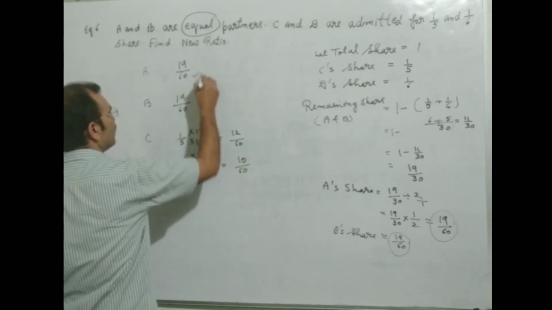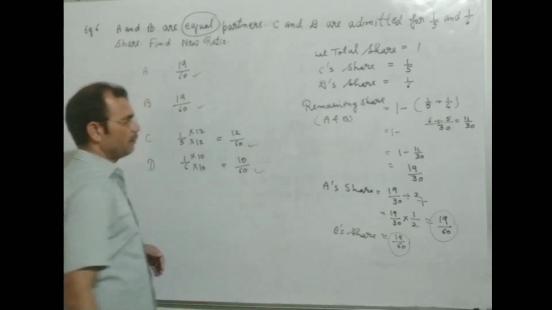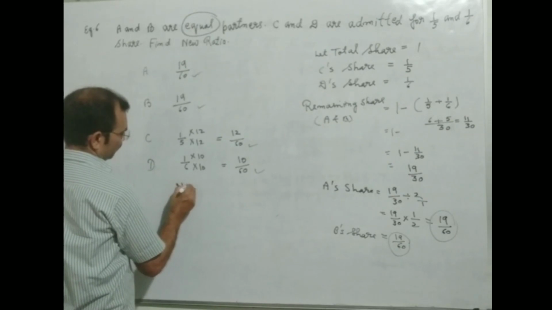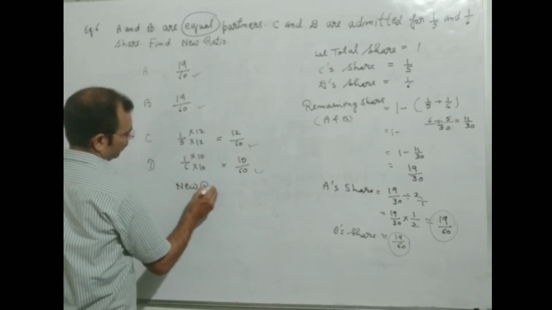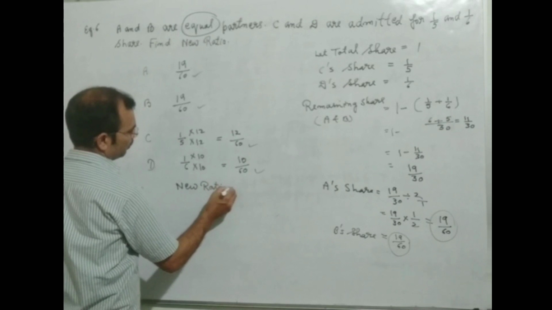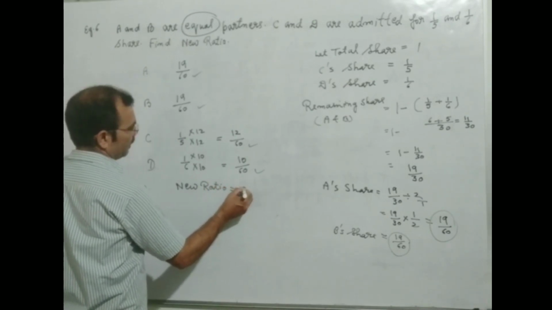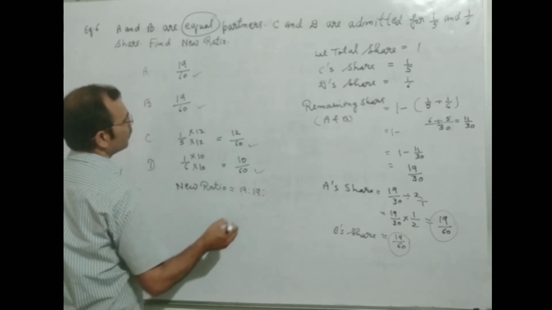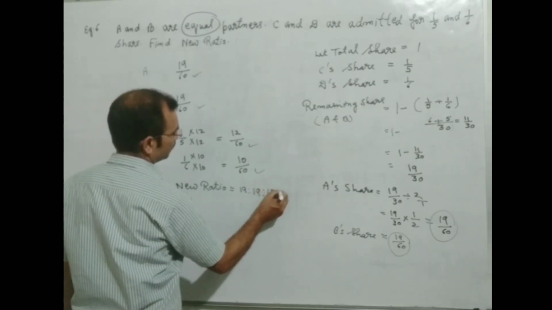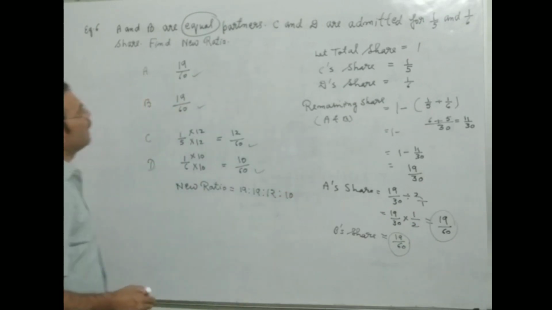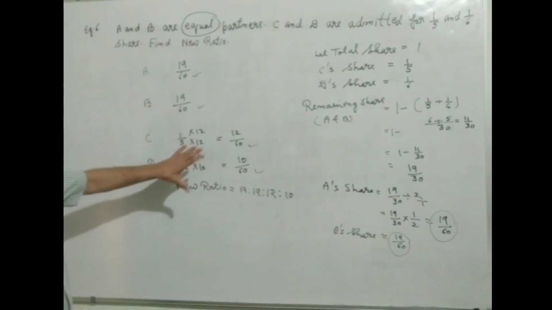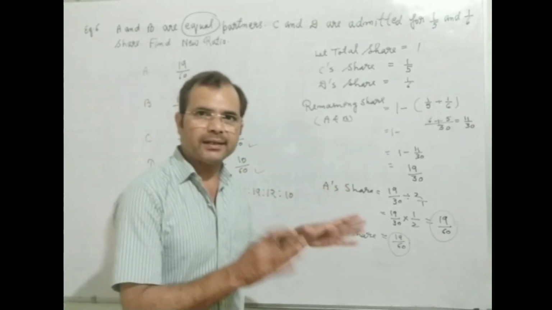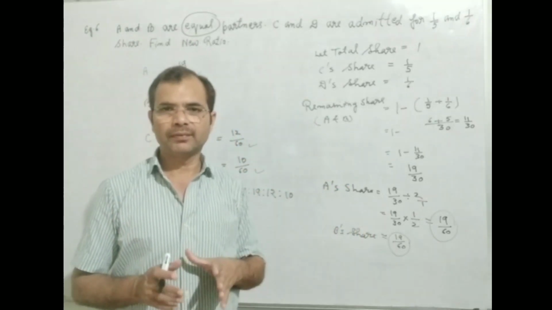In this way, you see all the denominators are the same, so we can find the new ratio. The new ratio will be 19 is to 19 is to 12 is to 10. This will be the new ratio. In this way, we will solve this question when two partners enter a firm.